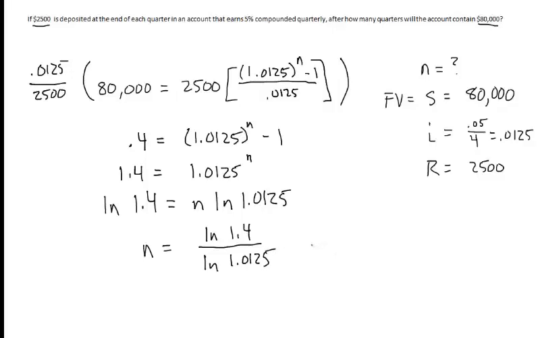And when we do that, we get approximately 27.09. So that means it's going to take us 28 quarters to get our future value up to 80,000 if we're depositing 2,500 at the end of each quarter in an account that earns 5% compounded quarterly. And that's our video on annuity.